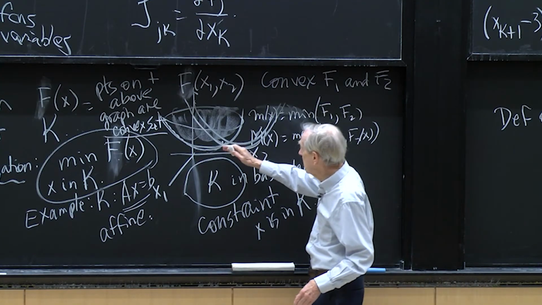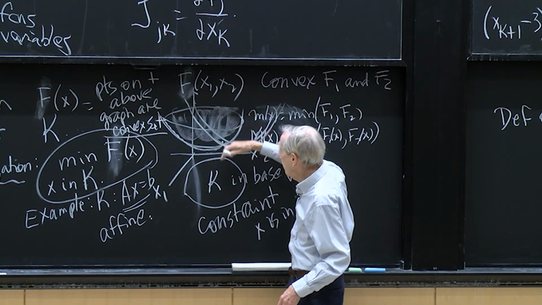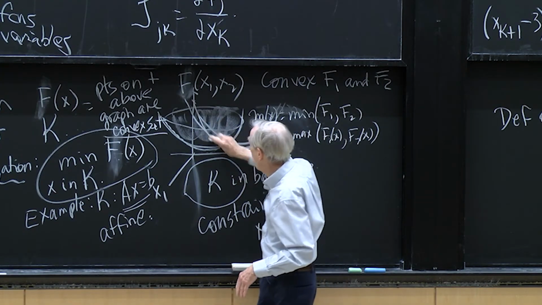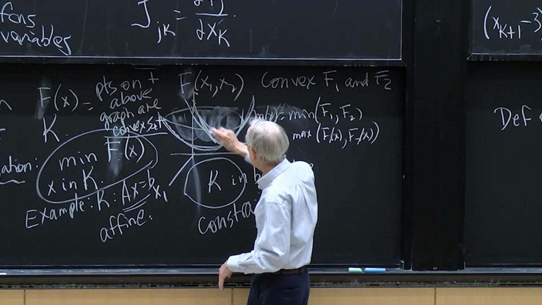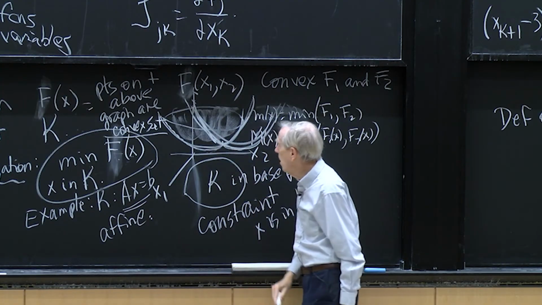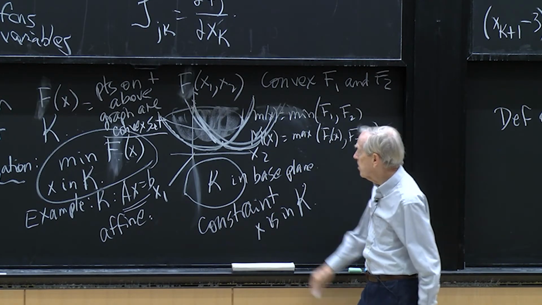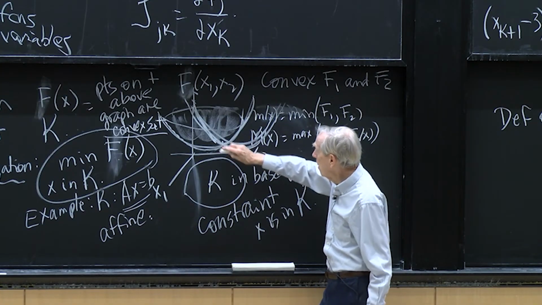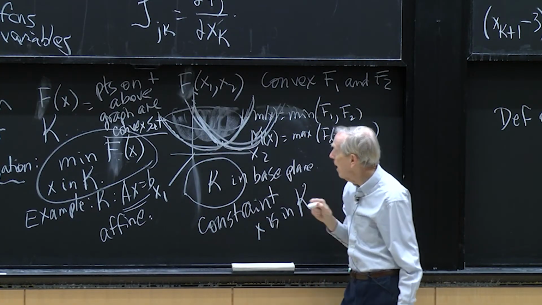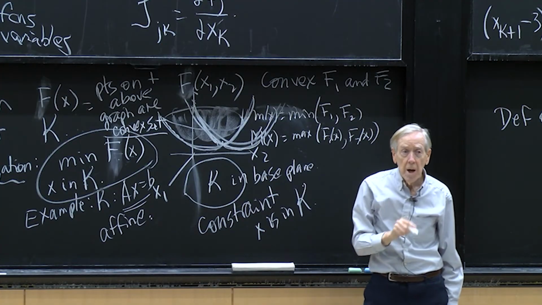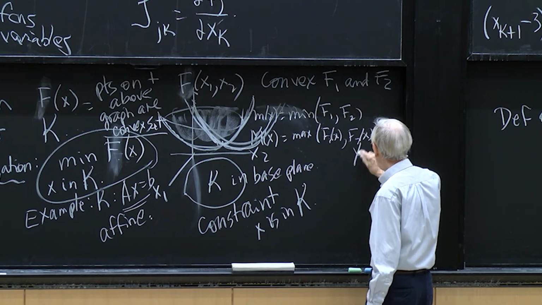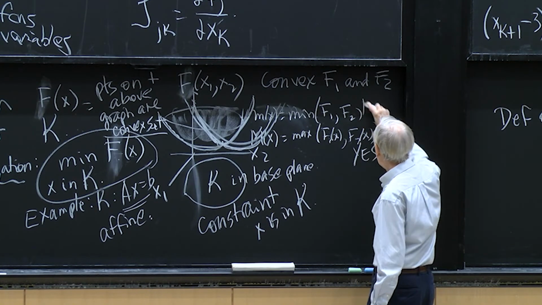The maximum is the one that's above all the points. There's the maximum function. That was the minimum function. It had a kink. The maximum function is like that, and it is convex. So maximum, yes. Minimum, no.